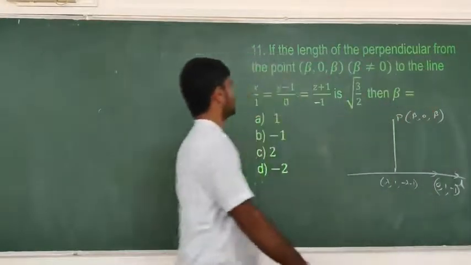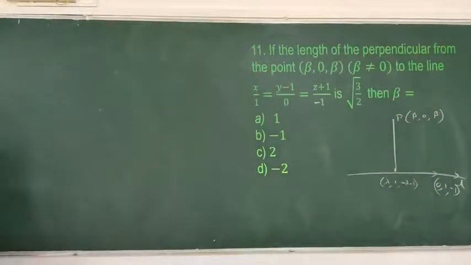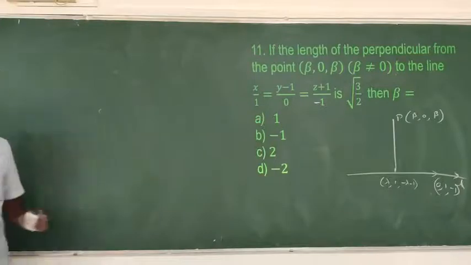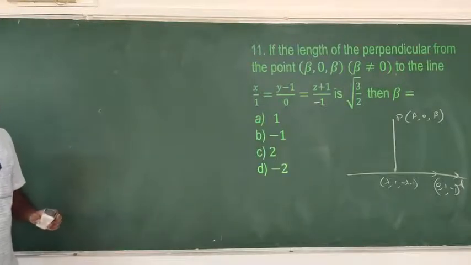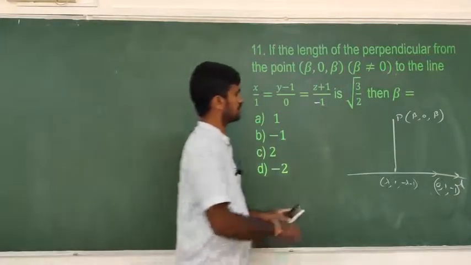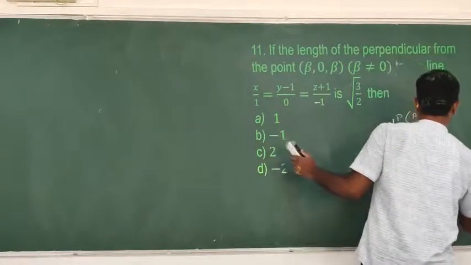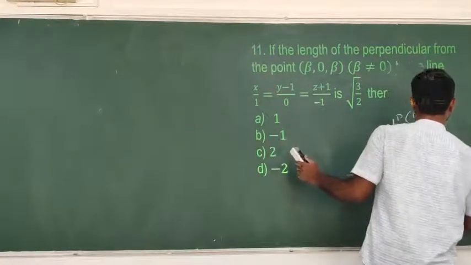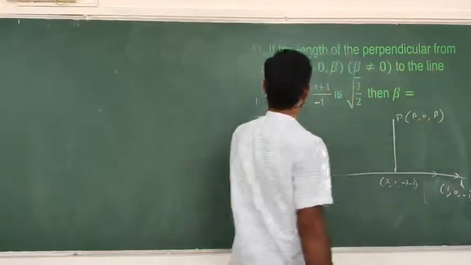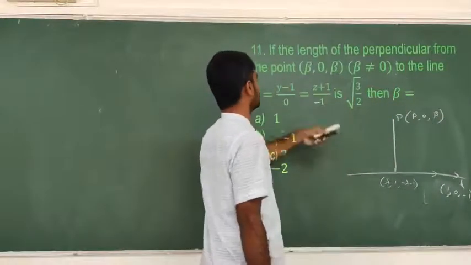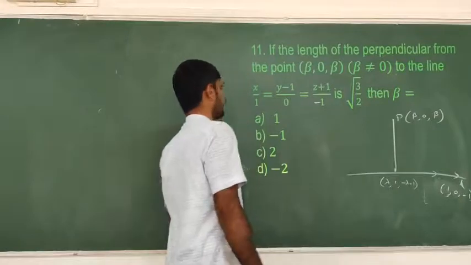The direction ratios of this one are 1, 0, minus 1, and it passes through 0, 1, minus 1.